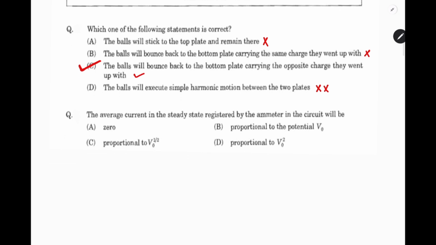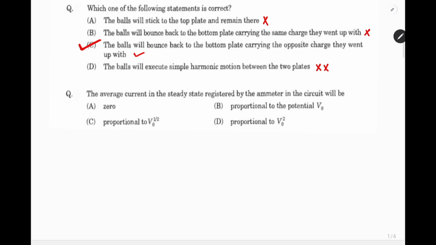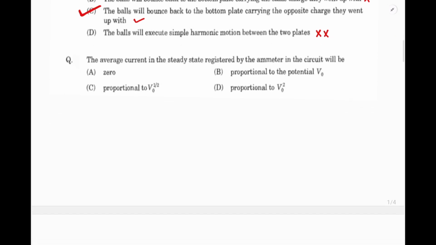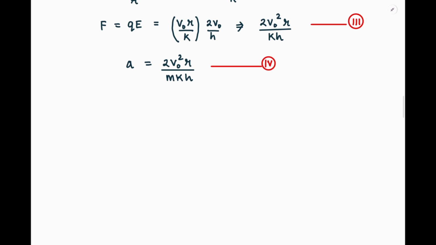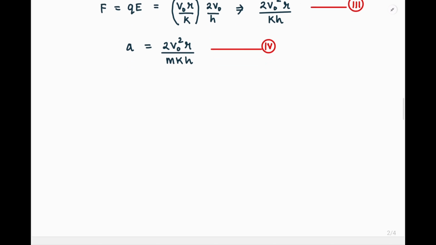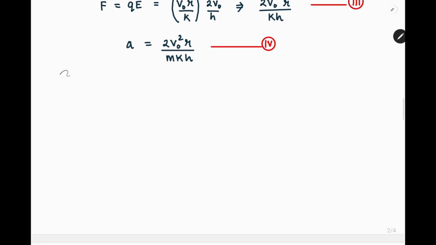Now the next part is asking for the average current in the steady state registered by the ammeter in the circuit. To calculate the charge flown, after a while it will become a continuous process, and the average current can be considered as charge flown divided by time taken.